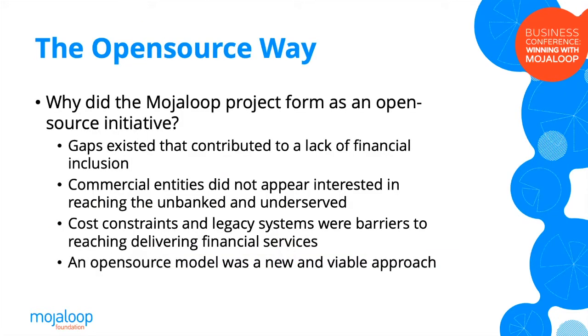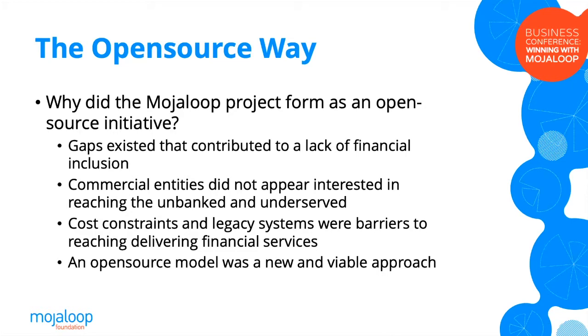So why did the Mojaloop project form as an open source initiative? I think what you probably heard from Costa's presentation is that there are a number of factors that contributed to this thinking. There are gaps that existed that contributed to the lack of financial inclusion, gaps in services, gaps in accessibility.